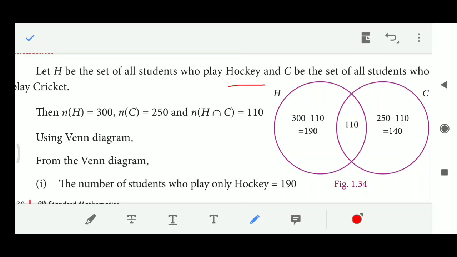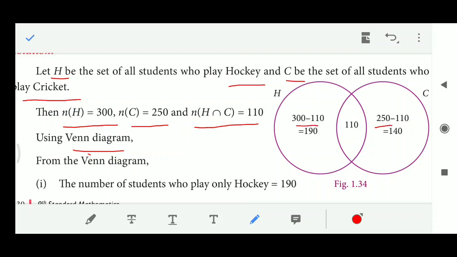For that, first we have to assume the number of students who play hockey as H and the number of students who play cricket as capital C. Now write the given values. n of H is equal to 300, n of C is equal to 250 and n of H intersection C is equal to 110. Then we have to draw the Venn diagram as in the figure.